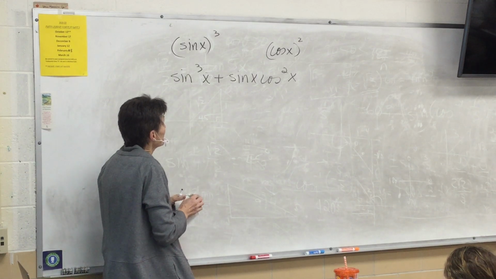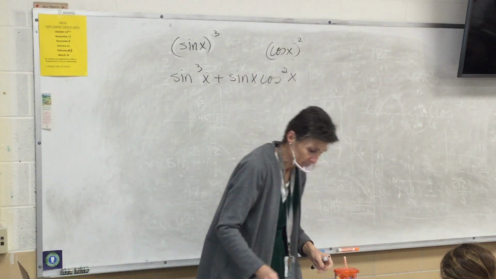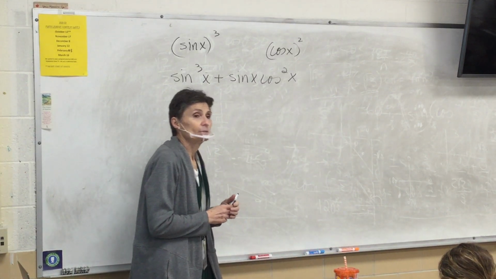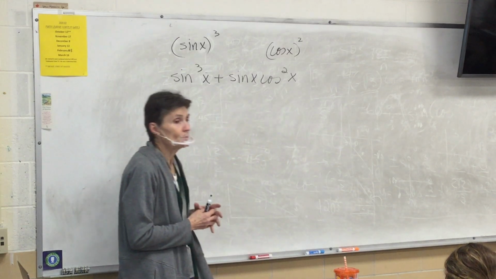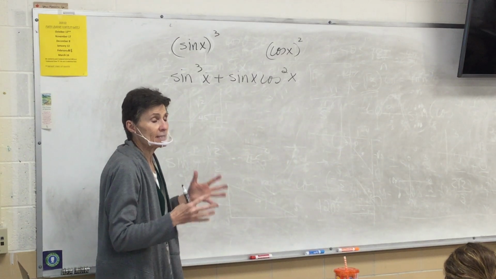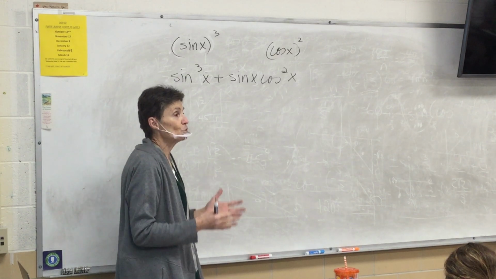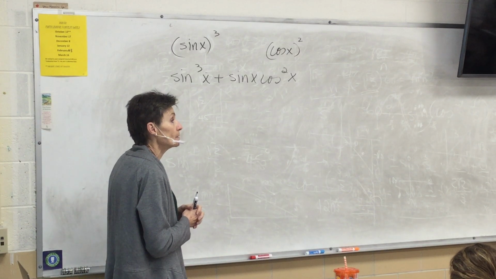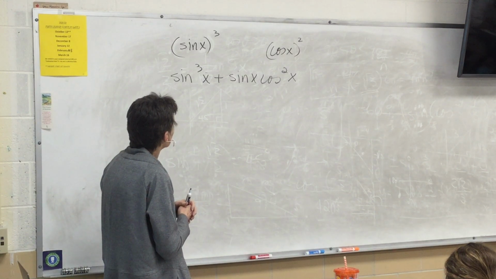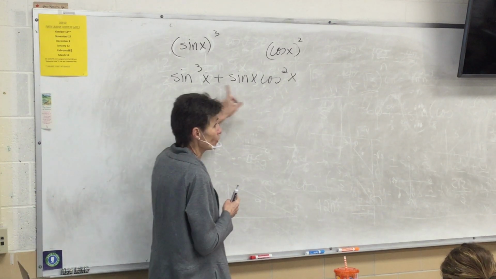All right, so I want you to take a look at that problem. The directions say simplify. What do you see that can be done? What could I do to this problem? Yes? Like the 3 and the 2 multiply it? Well, they're two separate terms.